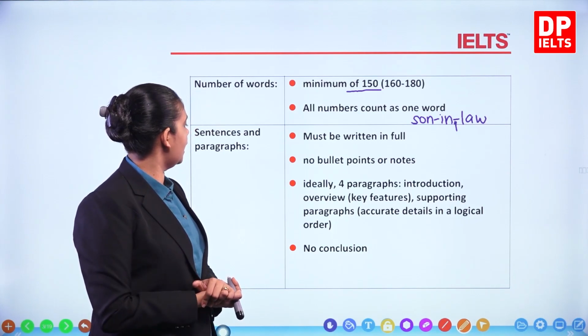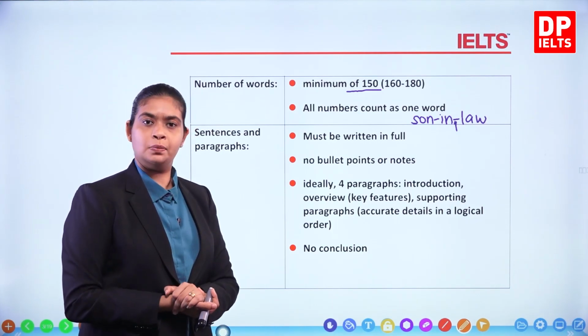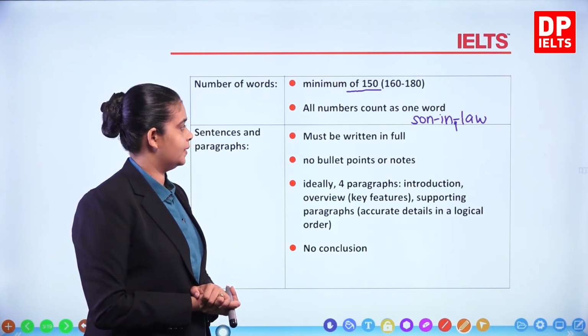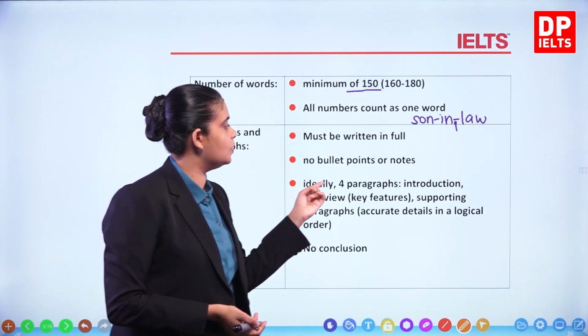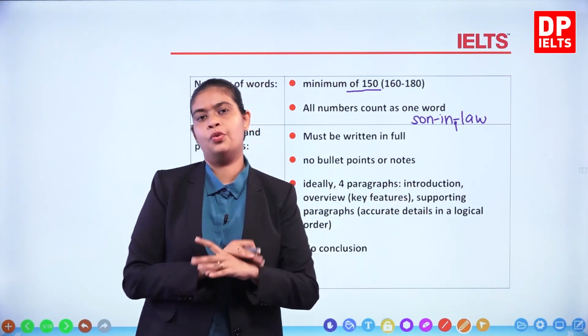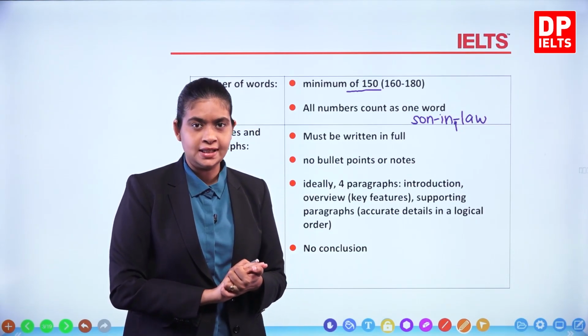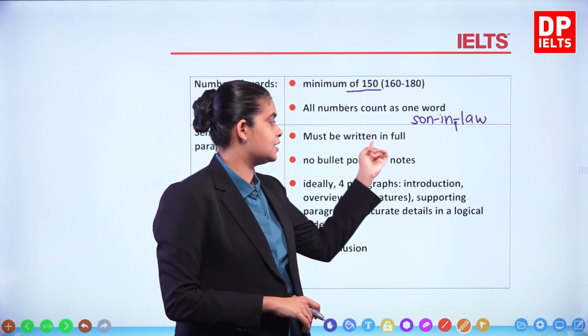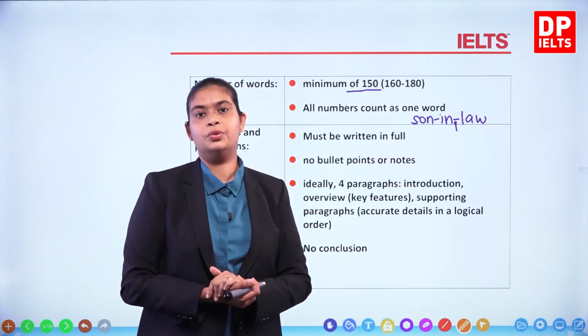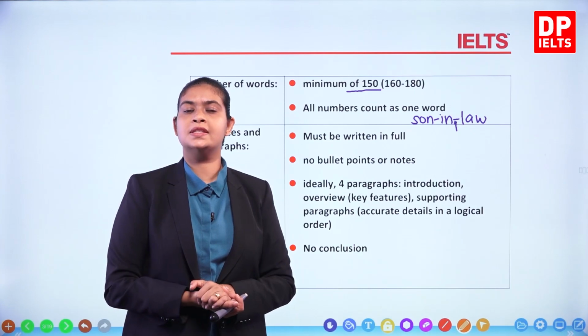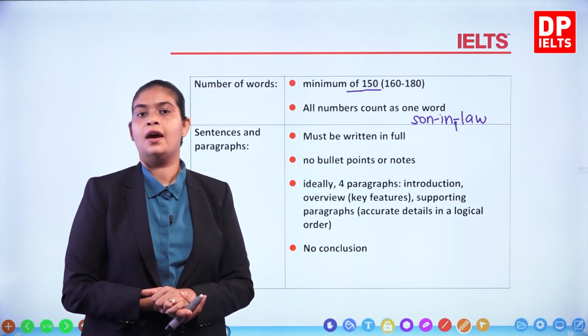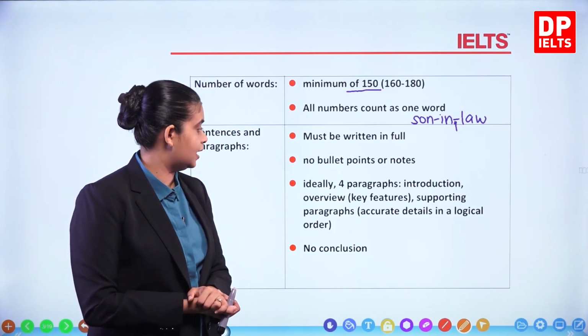Now, looking at the sentences and paragraphs. Can you write in bullet points? No, you can't. Should I write incomplete sentences? Yes, you must. You cannot write bullet points. You cannot write phrases, right?